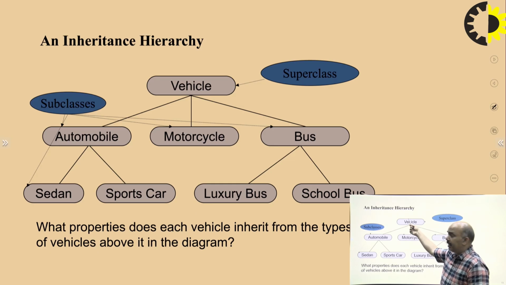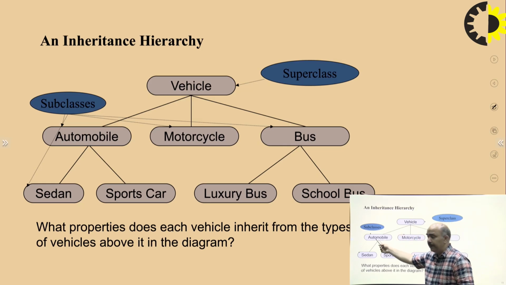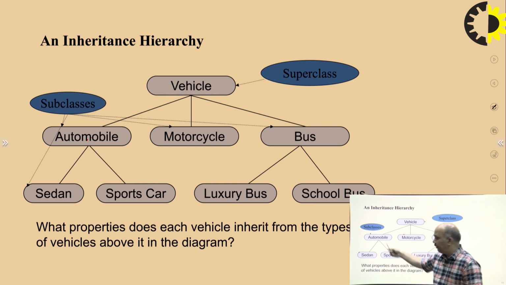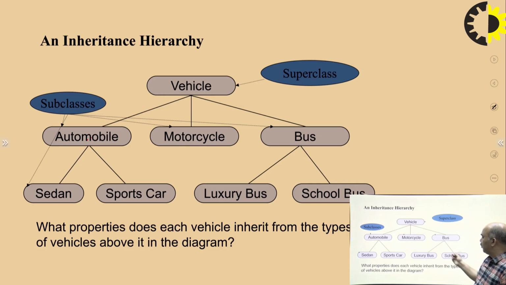Vehicle is a generic term, and its properties are inherited by the subclass automobile. After inheriting the properties of the vehicle, they have their own properties, like sedan and sports cars, which are further divided into subclasses. In the same way we have buses, luxury buses, and school buses.